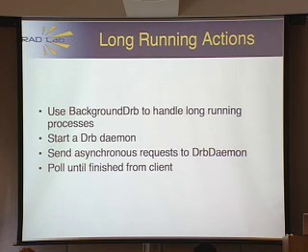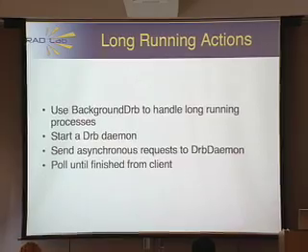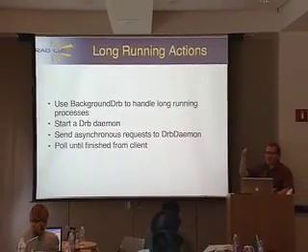The other thing I want to talk a little bit about is what's called BackgrounDRb. It's a plugin for Ruby on Rails, and basically it allows you to do things like long-running background processing. One of the complaints about Rails is that you're single-threaded, and if you're not fast enough, the user is going to be waiting on a little spinning thing.